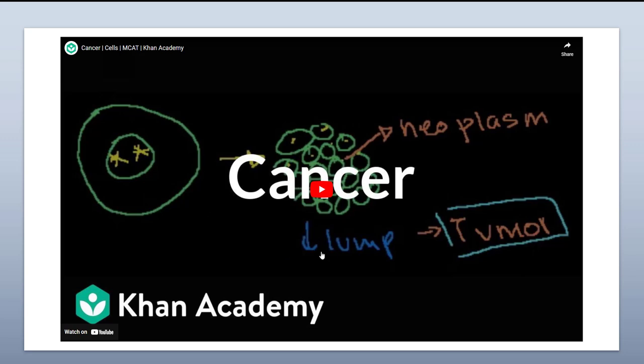So this one's on cancer, and again, your book doesn't really go into much detail about cancer, so that's why I wanted to show you this video, which goes into more detail about what cancer is. Everybody has either a friend or a family member who knows somebody who has struggled with cancer, so this gives you a little bit more understanding of what it is.